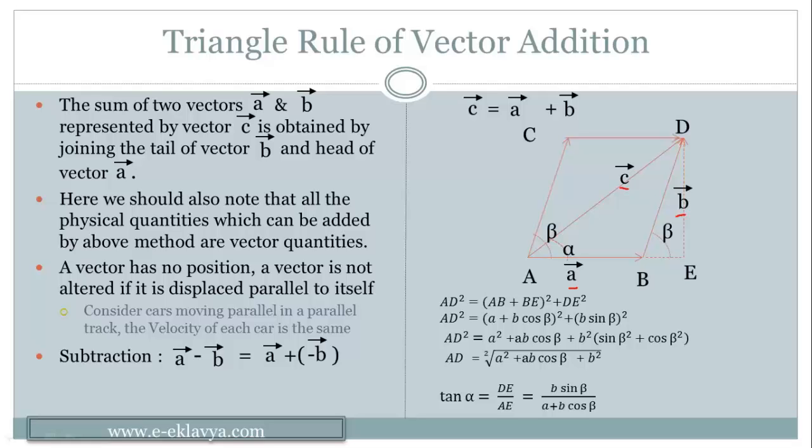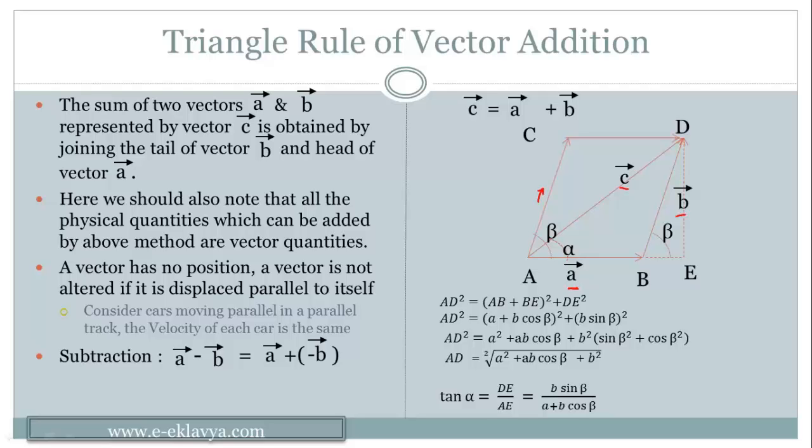So there is no component of vector A along the y-axis. Okay, so these two vectors A and B, we are trying to add them.